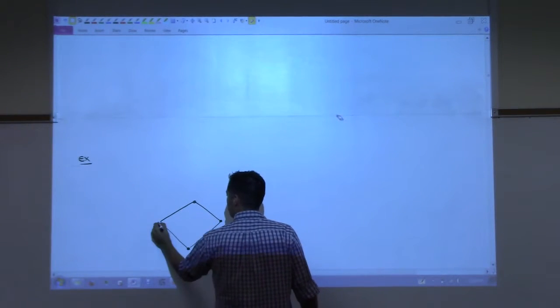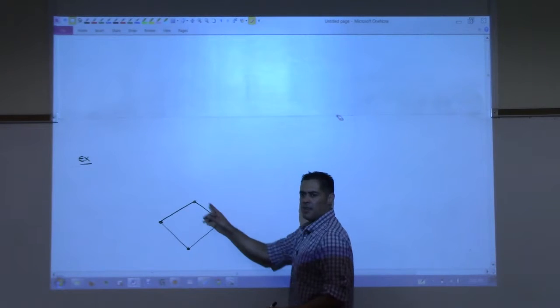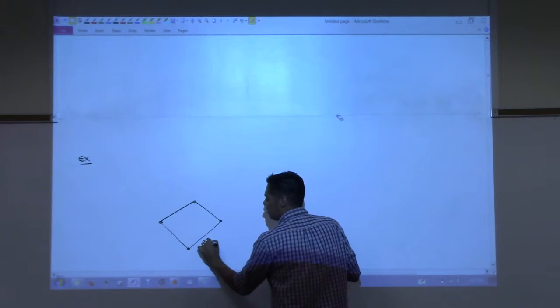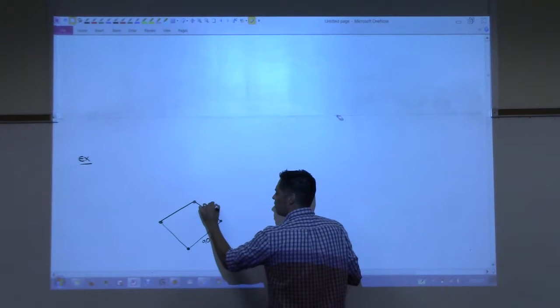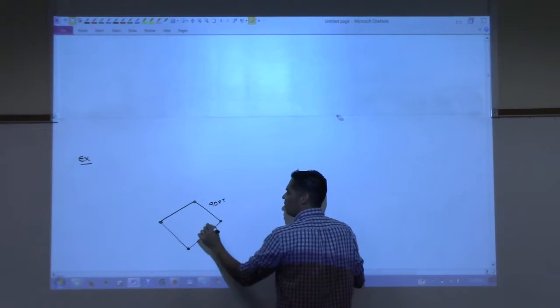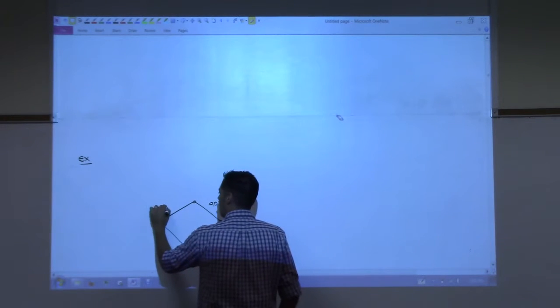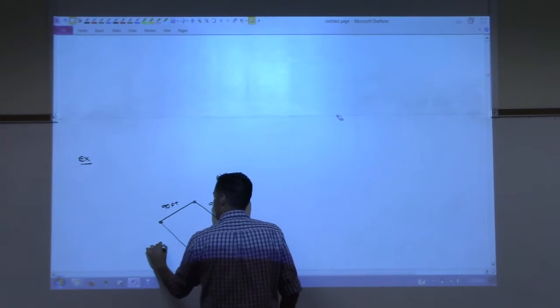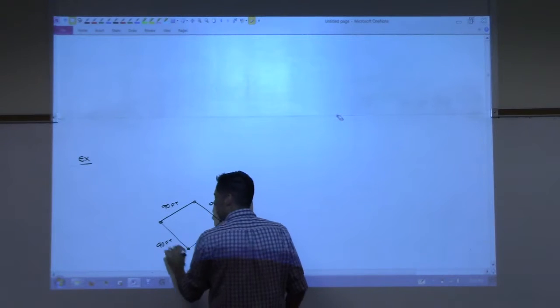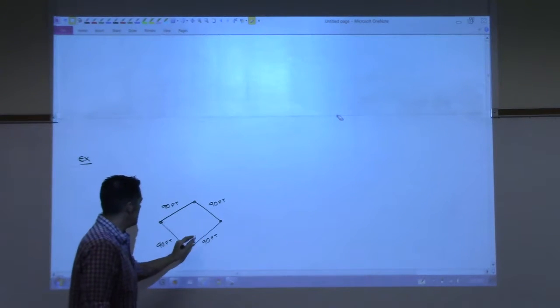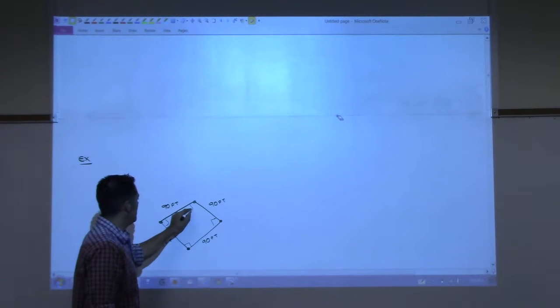You've got home plate, first base, second base, third base, and the distance between the bases is 90 feet, all the way around. Okay? 90 feet. And even though they call it a diamond, it is a square. So this is 90 degrees, 90 degrees, 90 degrees, 90 degrees.